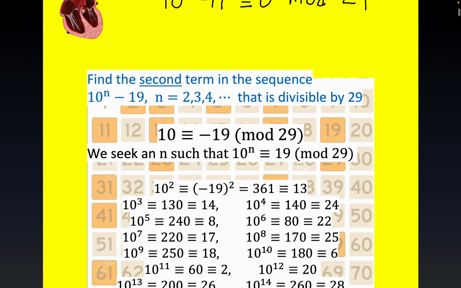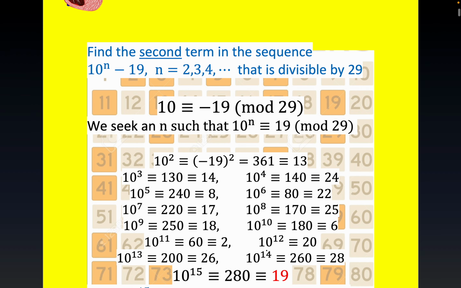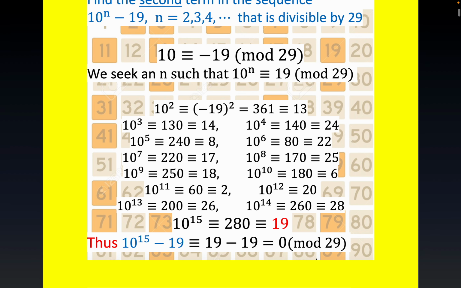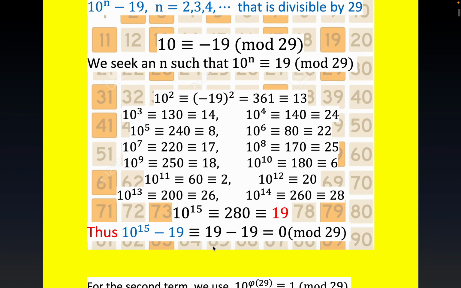It's tedious, but I wouldn't call it difficult, okay? And so finally, when we get to 15, we actually get the 19 that we're looking for. So again, no magic right here, folks. I don't know if you know a more elegant way to do this, but you can see I just plodded straight through by multiplying by 10 all the way down until we got 19, okay? So 15 will give us our first term. So right here, this would be our first term, okay?